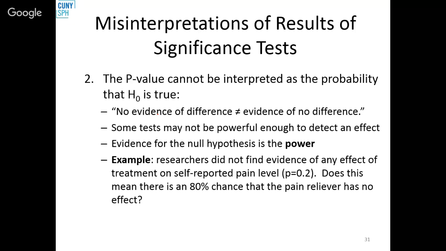So for example, researchers did not find evidence of an effect of treatment on self-reported pain level. The p-value is 0.2. Does this mean that there's an 80% chance that the pain reliever has no effect? No, definitely not.